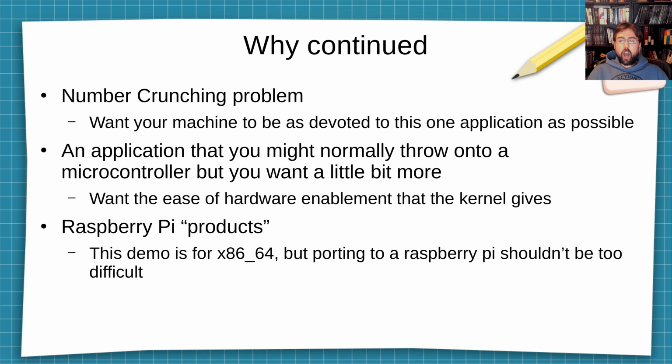So you've got a little Linux stick, and the Linux stick has USB ports, and your device, which is running the single application Linux, can understand these USB devices because the kernel does all of that USB work for you. And this kind of leads into Raspberry Pi products.